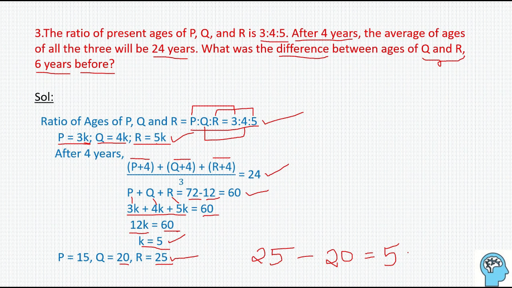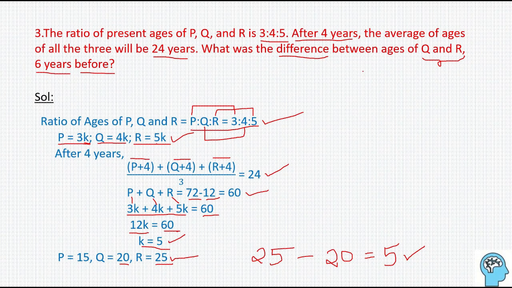What does it mean? Whenever you see, after 10 years, after 30 years also, your brother is obviously 5 years elder to you, right? So the difference between the ages will always be 5 years. Okay.